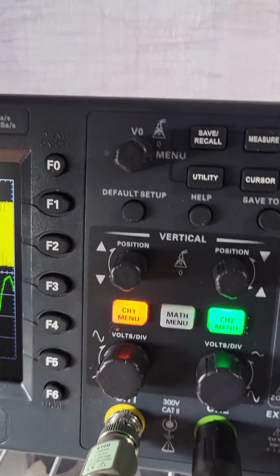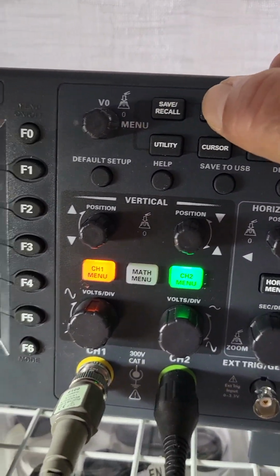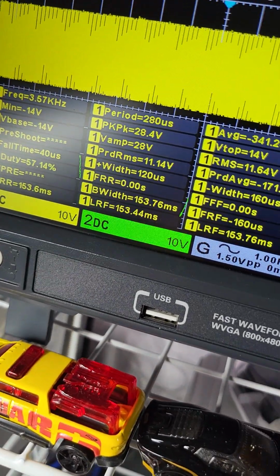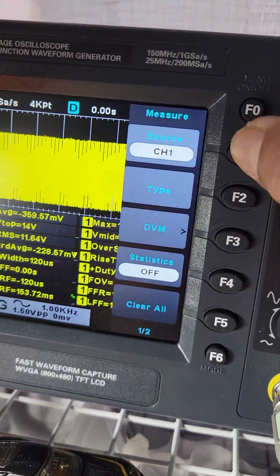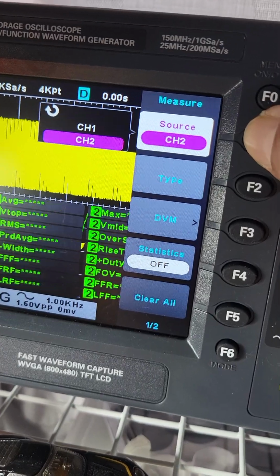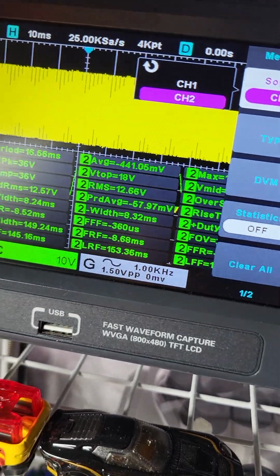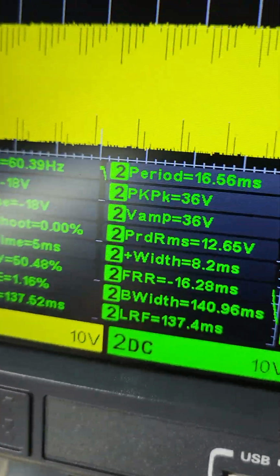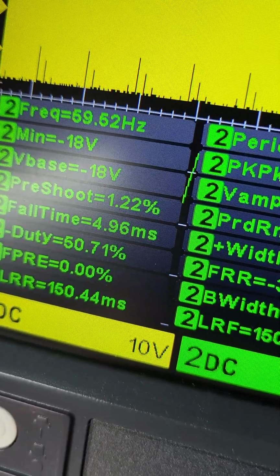If we're going to measure the frequency, channel 2, the green signal, look at the frequency. The frequency is around 59 to 60 hertz.